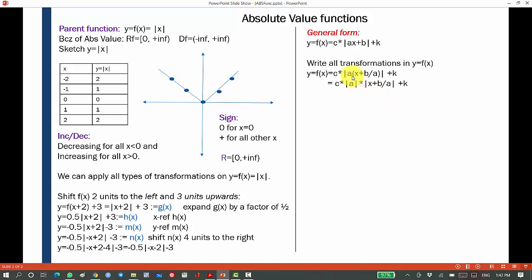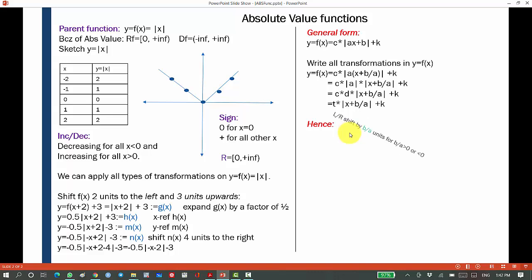Then we take the absolute value of a outside, what we have inside is the absolute value of x plus b over a, plus k. And suppose that the absolute value of a is d, so c times d, times the absolute value of x plus b over a, plus k. Then we multiply c and d, suppose that is t, times the absolute value of x plus b over a, plus k.